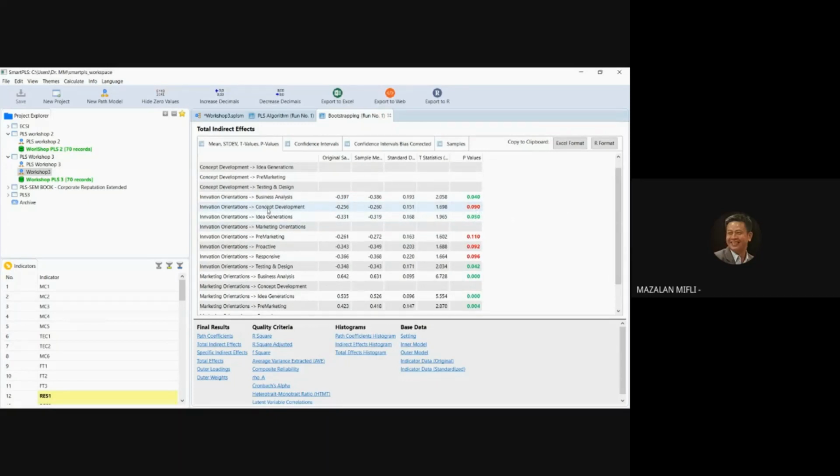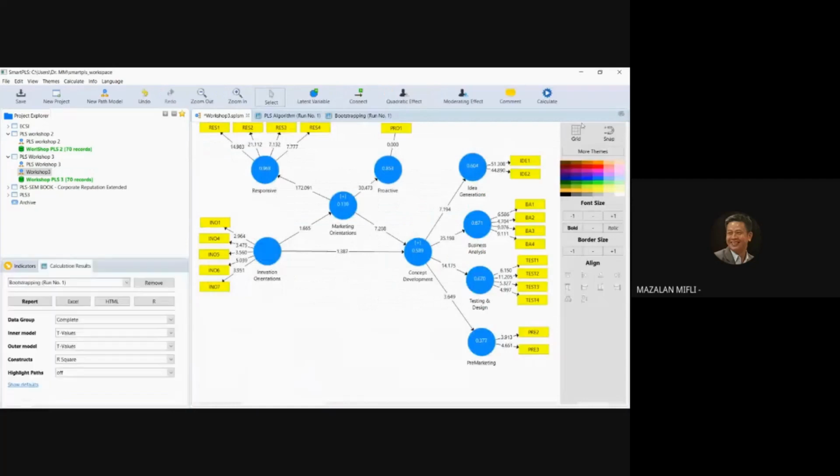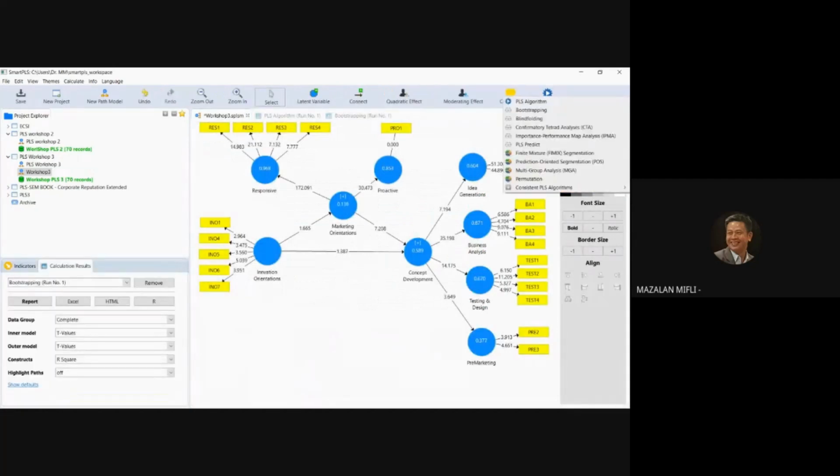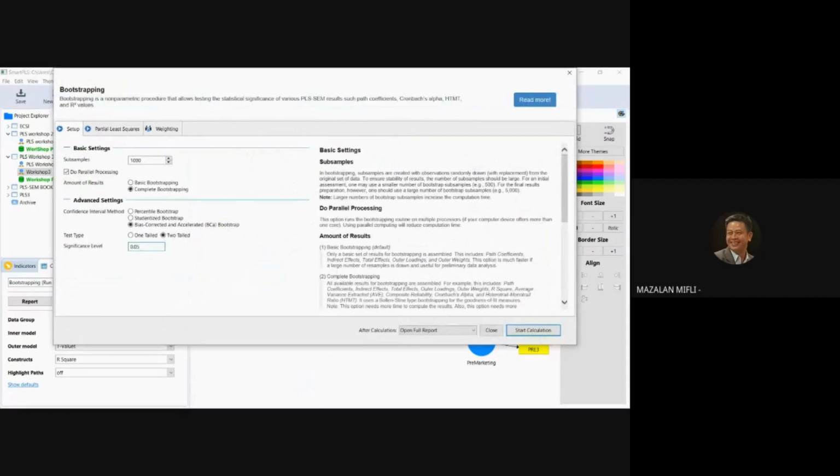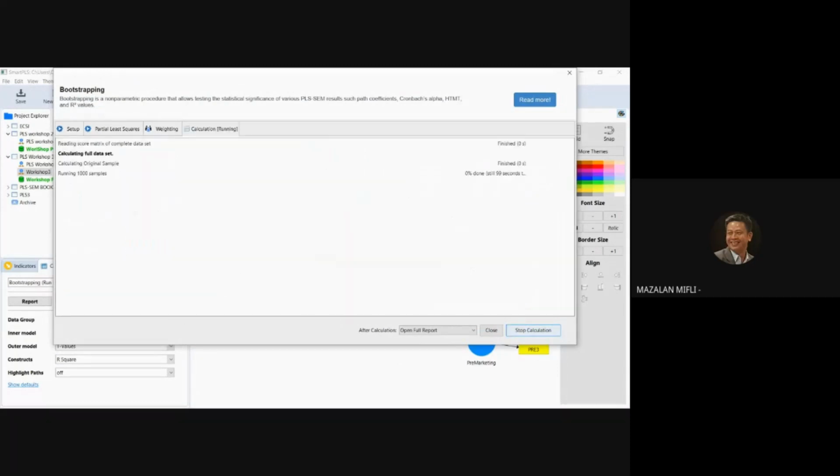If you run it with 90%, let's do it one more time, like 90%, then you know what I'm talking about. Let's set this to 0.1 and calculate it again.